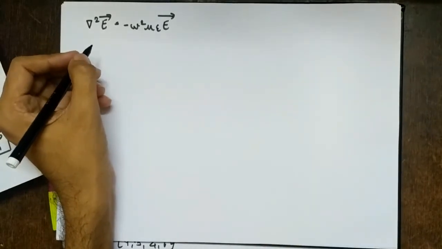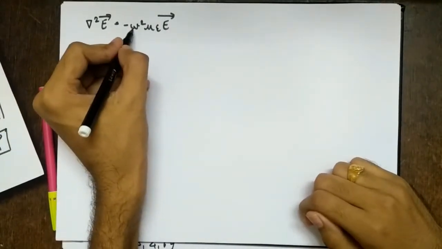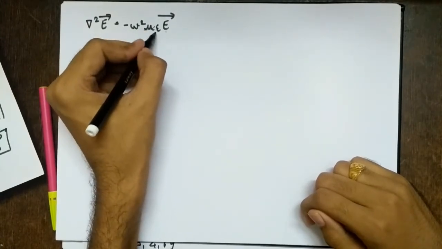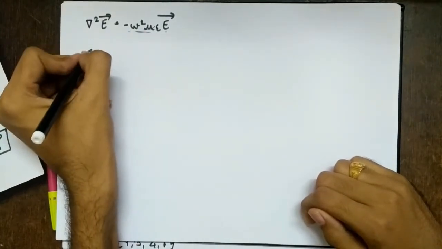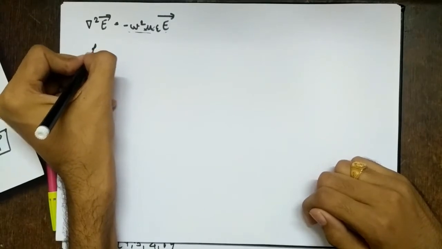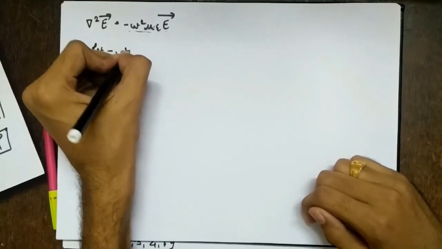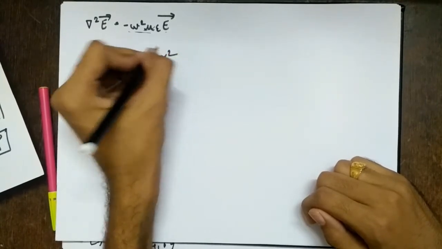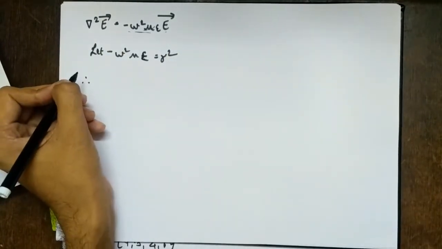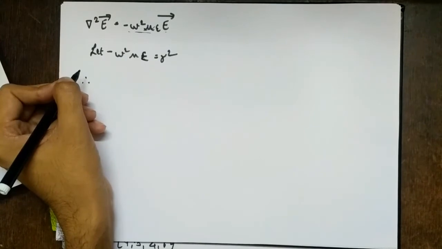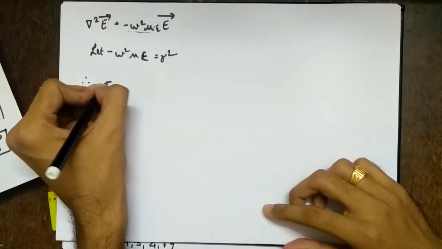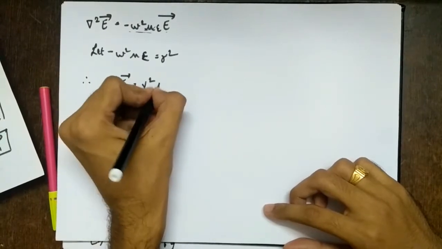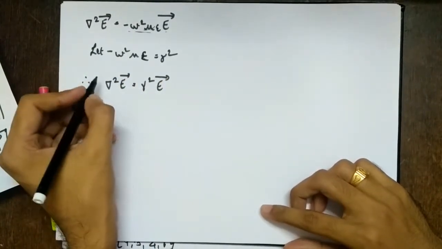If you observe, omega square is 2 pi f, so omega square mu epsilon, if you decide a frequency, this term is constant. So let minus omega square mu epsilon equal gamma square. Therefore del square e vector equals gamma square e vector.